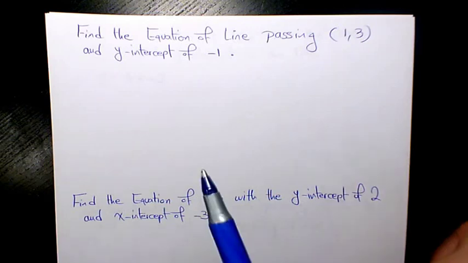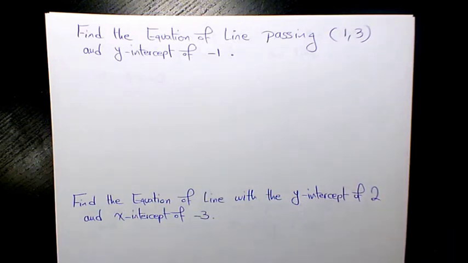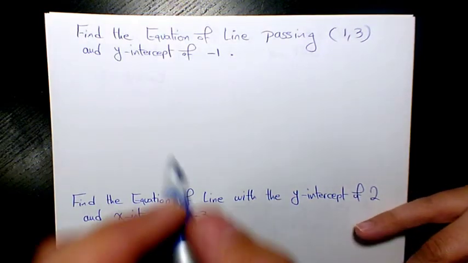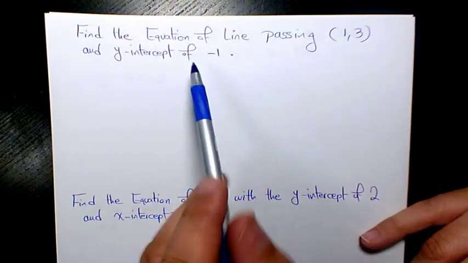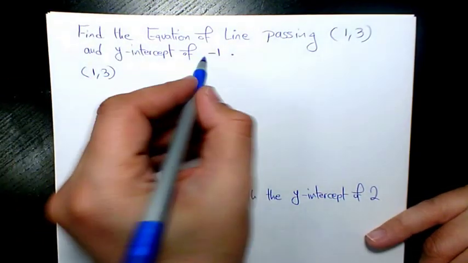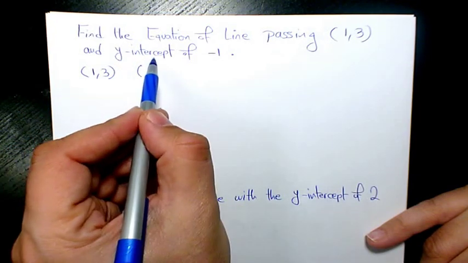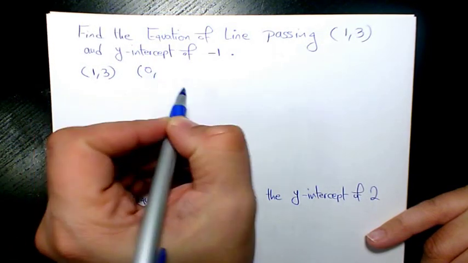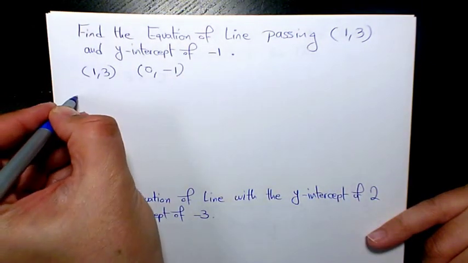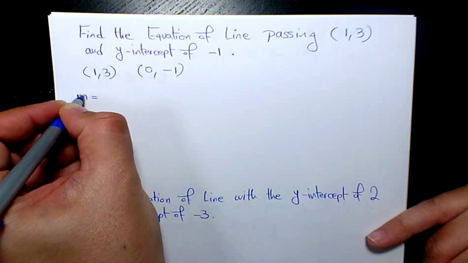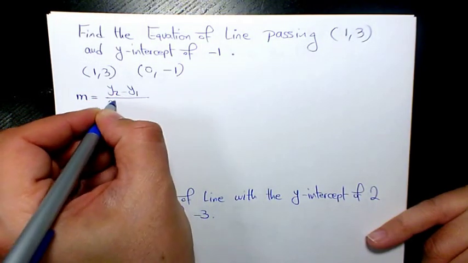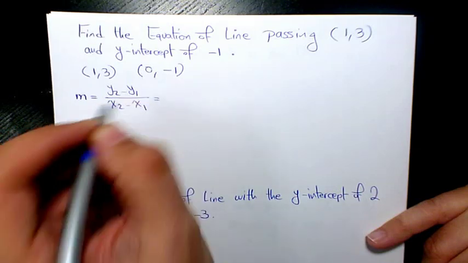Now in this question it says find the equation of line passing 1 and 3 and y-intercept of negative 1. So again we are dealing with 2 points in here. There is no slope. So the points are 1 and 3, and the other one is going to be, we already said that the y-intercept, they have x equals 0 and negative 1 in here. So we need to find slope or rise over run, which is going to be y2 minus y1 divided by x2 minus x1.